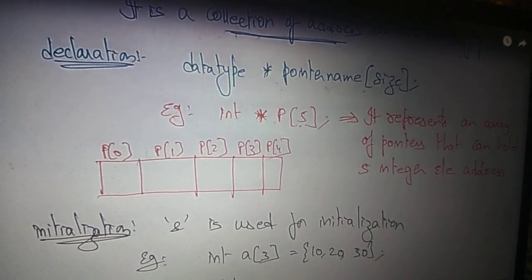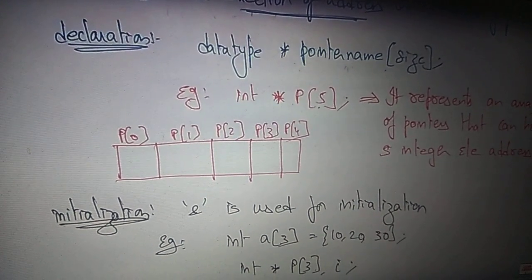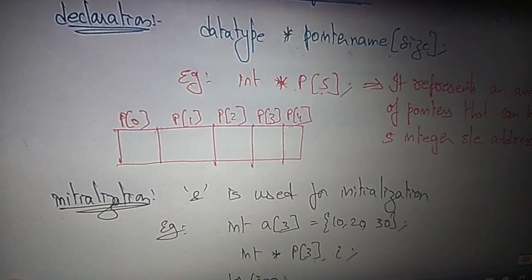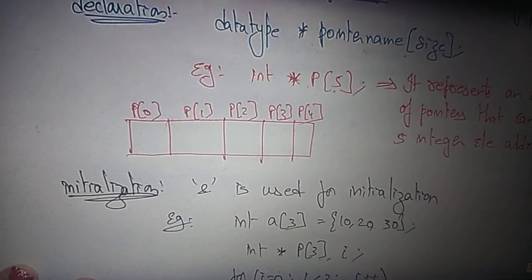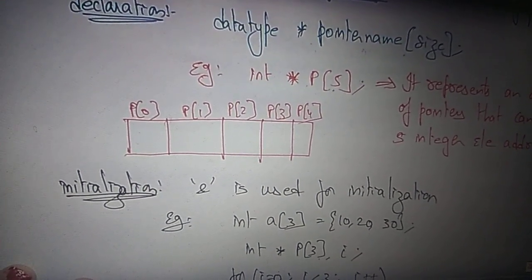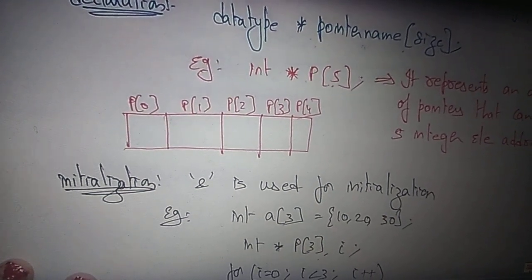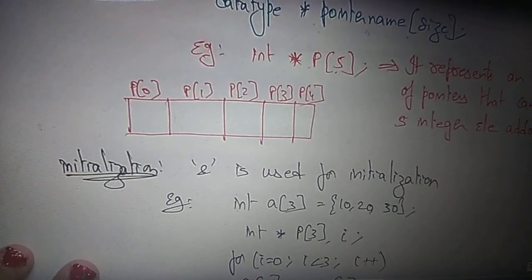Int pointer p of 3, comma i. To access this, for i is equal to 0, i less than 3, i plus plus, P of i is equal to address of a of i. That will be assigned to the pointer. So this is the initialization of an array of pointers.